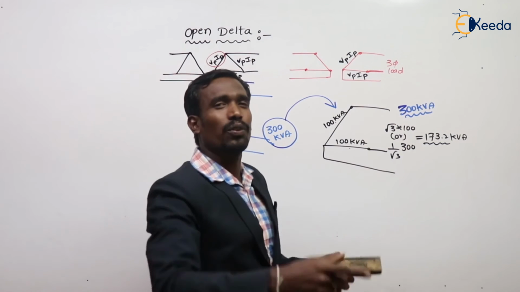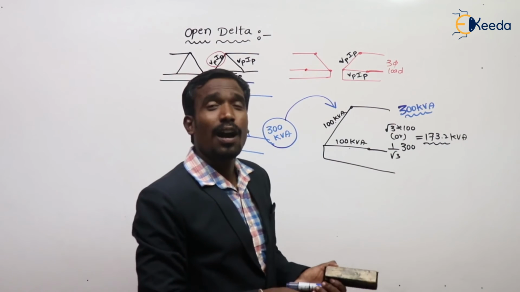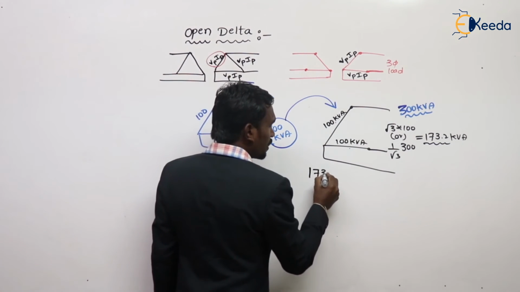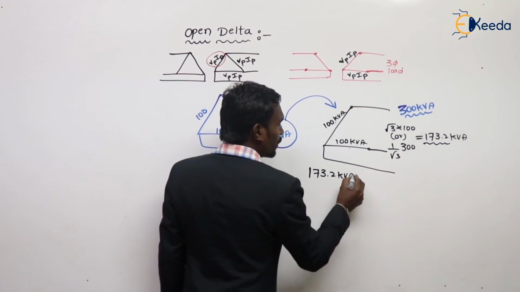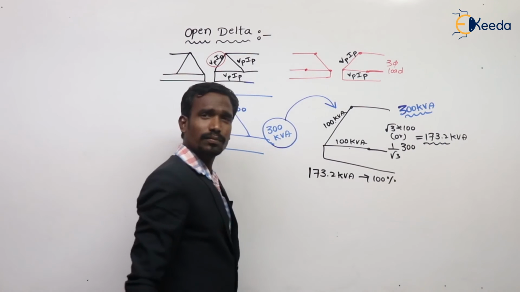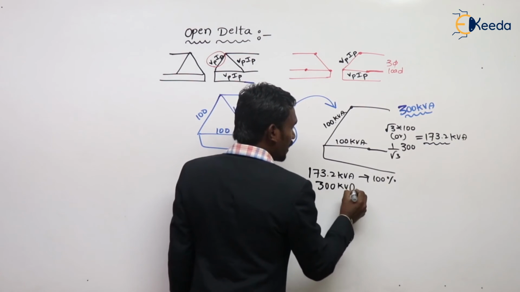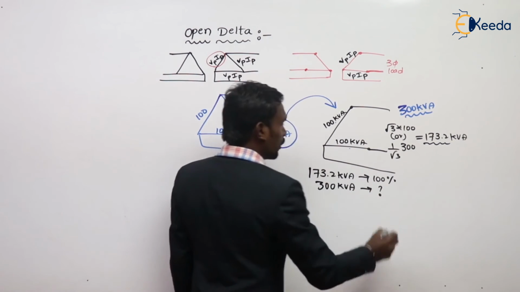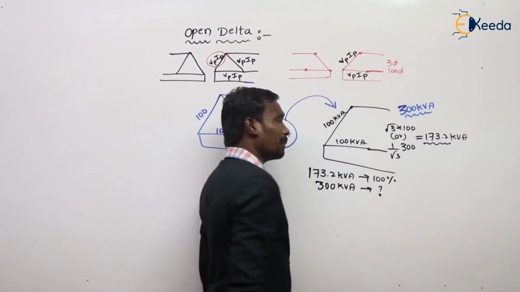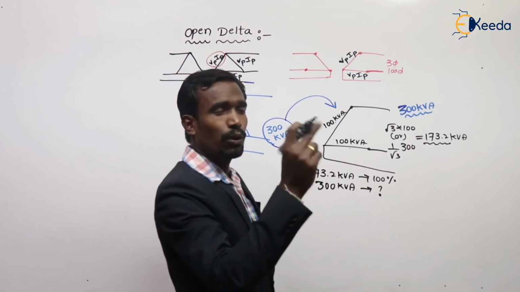How much percentage overloaded? Actually, if it is 173.2 kVA, this is 100% satisfying operation. But I applied 300 kVA, so what is the percentage of load?